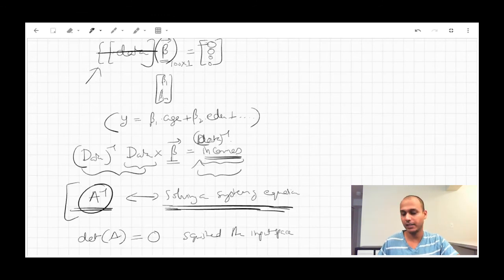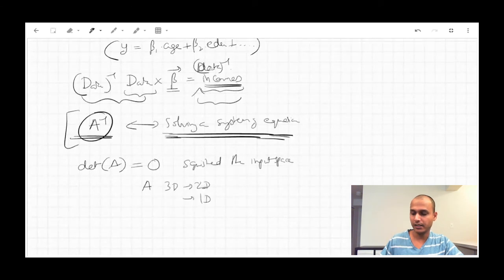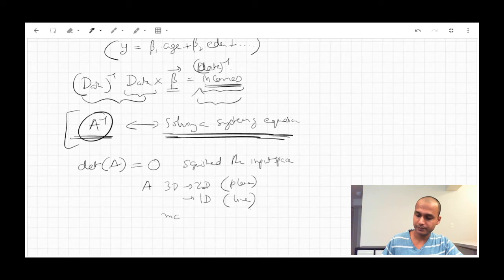Remember, if A is a transformation which goes from 3 dimensions to 2 dimensions, or to 1 dimension, which means here it's a plane and here it's a line, that means that many vectors all get transformed to the same vector.